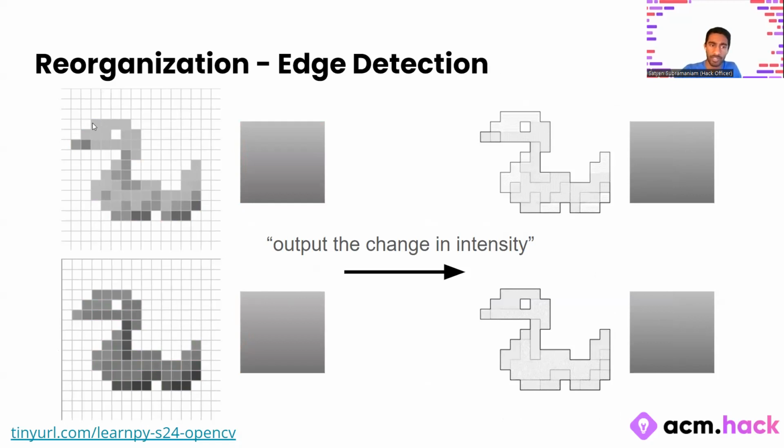Here, for example, in the top left corner of the snake, it changes from purely white to a mid-level gray, so we would expect a mid-level degree of edge here. Then we do that for every pixel in the image. Here we're effectively getting rid of the ambiguity of the different colors in the middle of the image by just looking at the edges.